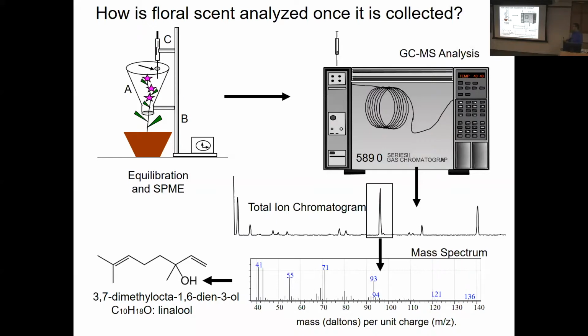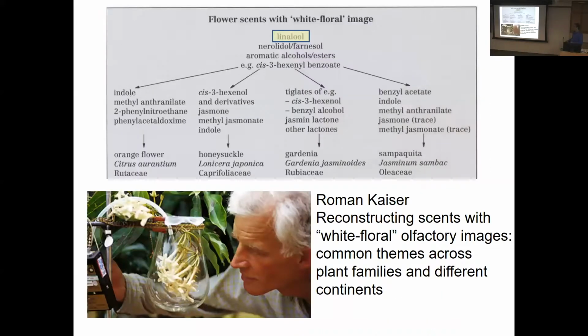Okay, so if we think we have linalool, then we need to start looking for patterns. I always want to do justice to Roman Kaiser. There are literally thousands of great chemists over the last 50 years who allowed us to use capillary GC and mass spec as a way of identifying volatiles. But really only one of them translated the vast knowledge from perfumery and essential oil research into floral biology, and that was Roman Kaiser.